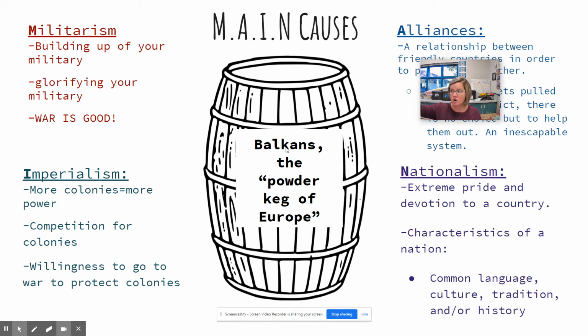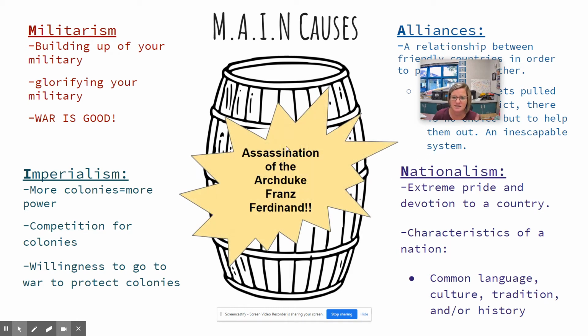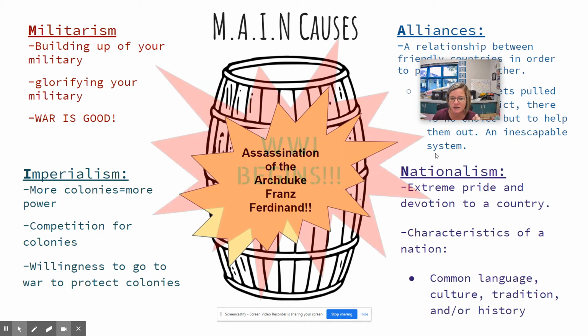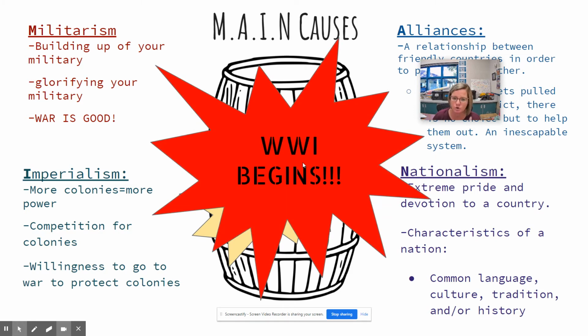Russia says, Austria-Hungary, you can't do that to Serbia. So Germany says, fine, I'm going to declare war on you, and they declare war. Then France and Great Britain get involved because of the alliances, but we'll talk about that in a little bit. The assassination of the Archduke Franz Ferdinand is what leads to World War I beginning.